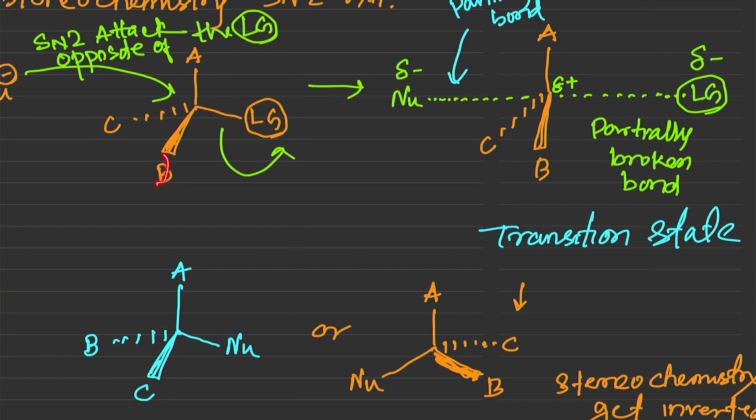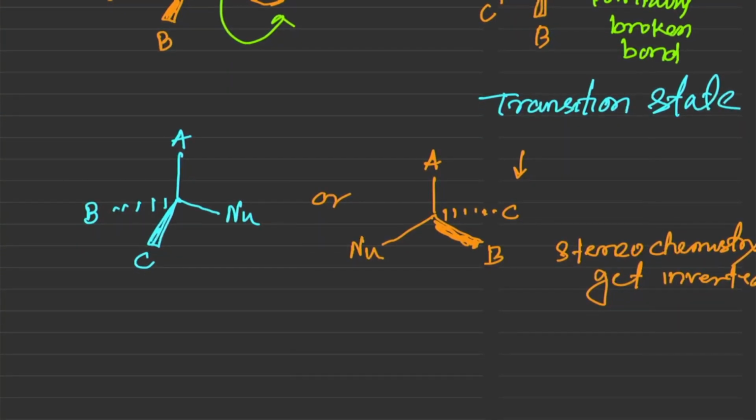So when you switch one of the groups while drawing the structures, that's called inversion. But if you switch two of them, then that's retention. So don't switch B and C and also simultaneously the nucleophile. Both of these are correct, but don't draw it like this. So this is incorrect. Okay, I'm going to draw the nucleophile first.